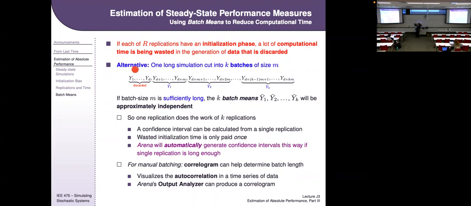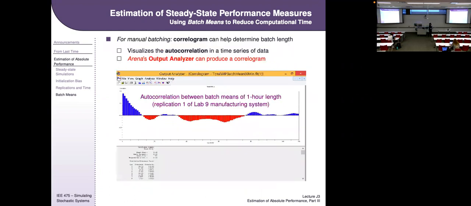So you only have an initialization phase once. And if you run it long enough, then you can create batches within the replication, which are effectively independent from each other. And this is what Arena tries to do for you if you have the replication run long enough. It will automatically try to generate confidence intervals this way. But I won't rush that. We can talk about it next time.